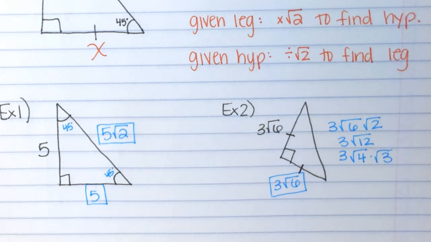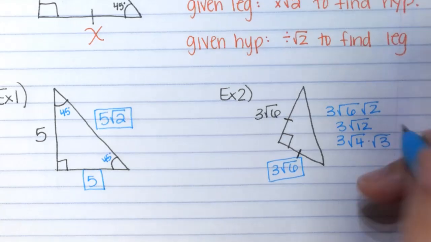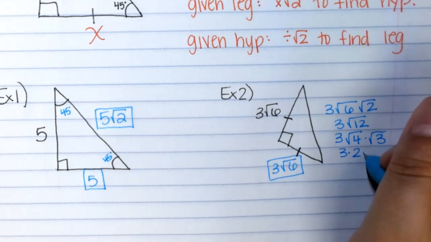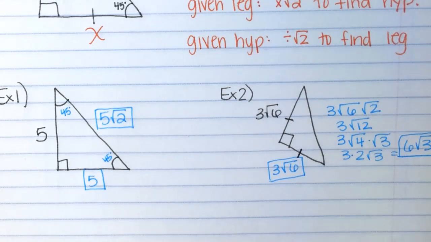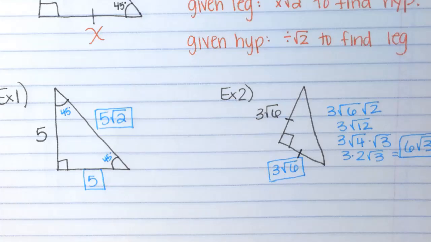What's the square root of 4? So 3 times 2 root 3 is 6 root 3. That is my answer. Do you see how it's not super difficult, but easy to get wrong if you don't keep going?